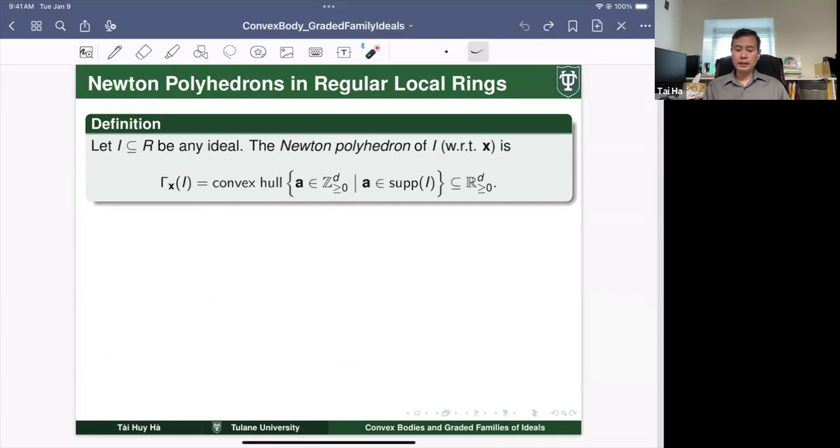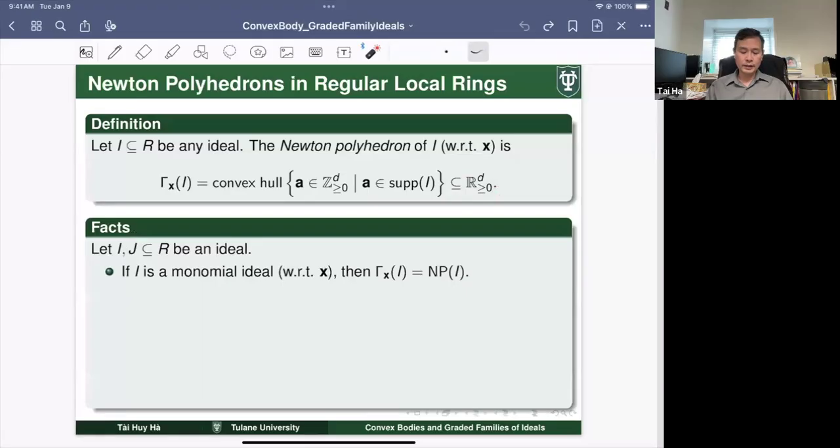Again, we take any point inside the support of the ideal, take the convex hull, and that sits inside the first quadrant of R to the D. We denote it by gamma x of I, and that is what is called the Newton polyhedron of this ideal.